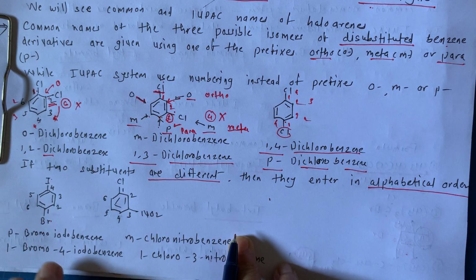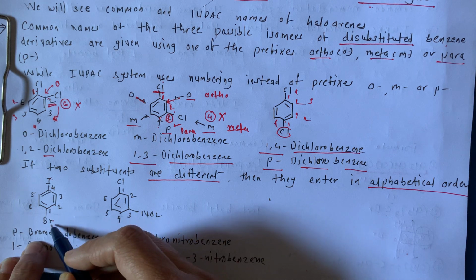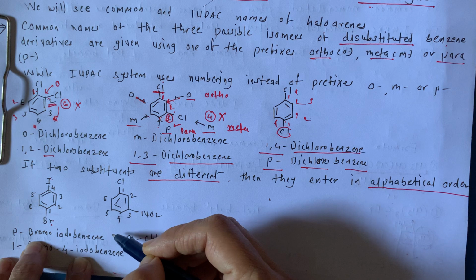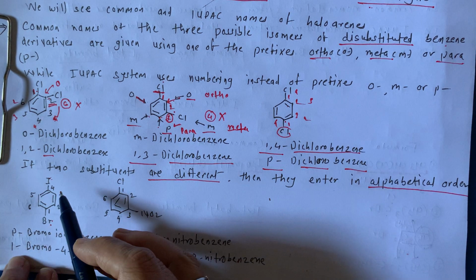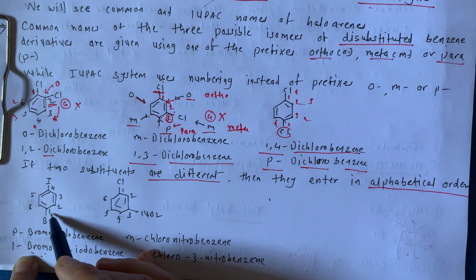With respect to this iodine, this bromine is at the para position, so this is para-bromoiodobenzene. And in the IUPAC nomenclature system, B comes first, so we wrote bromo here, and this is the first position, so we get the lowest possible number, that is 1.